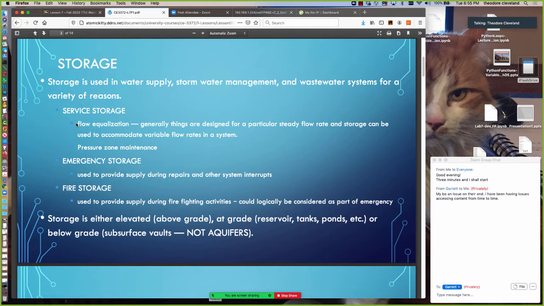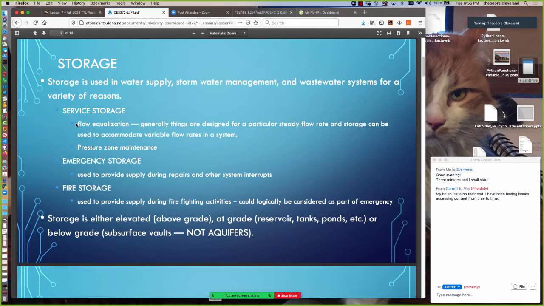The last category, fire storage, is water that's set aside and stored always, all the time, in the event we have to supply water during a firefighting activity. Logically, it could be considered part of emergency storage, but usually it's treated as a separate component or as a subcomponent of emergency.